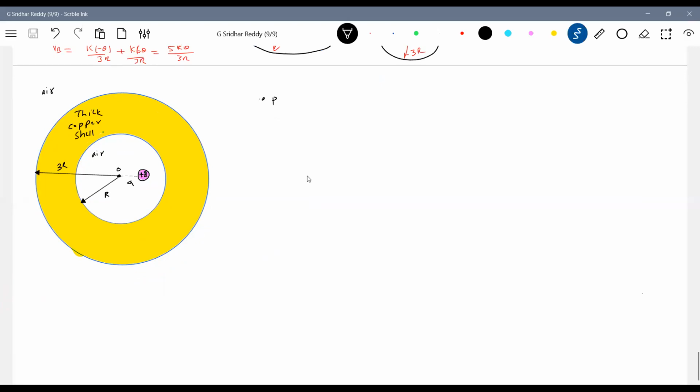We have to calculate the potential at the center.